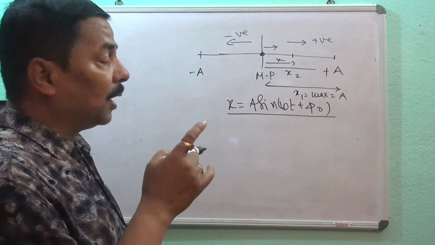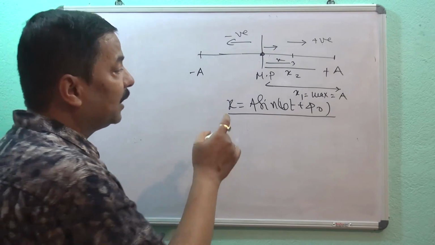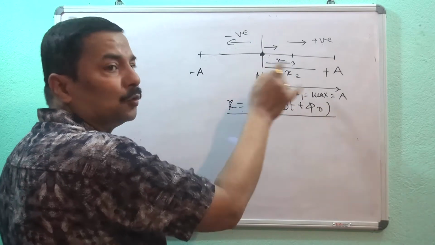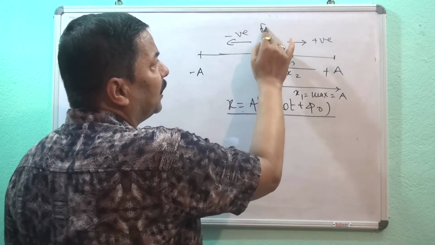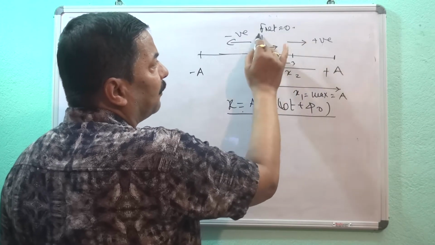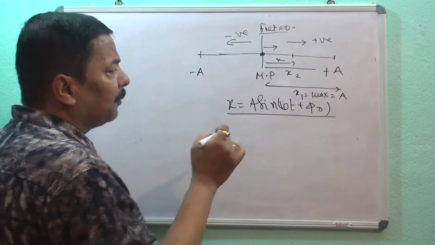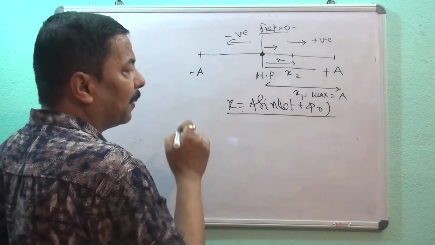In understanding the wave, we have to deal with infinite SHM, and this is the SHM of a single particle. This single particle is performing to and fro motion about its mean position, where F net is 0. F net is 0 at the mean position.